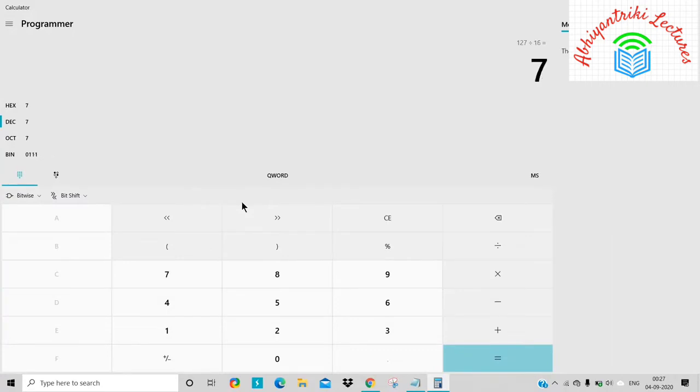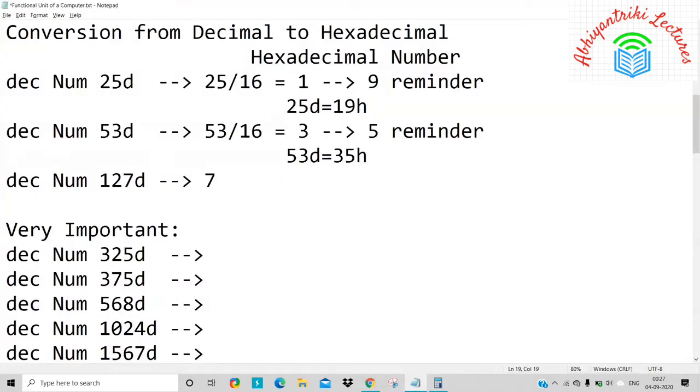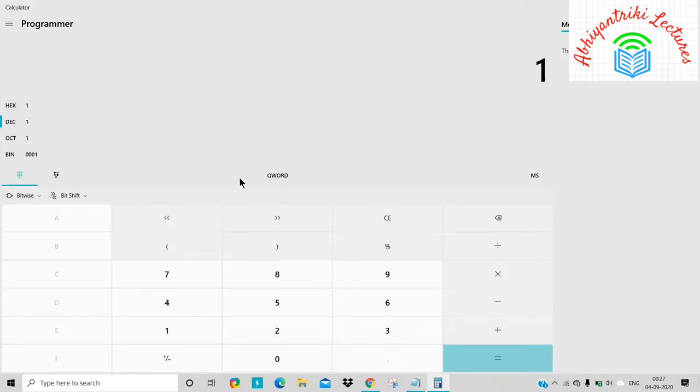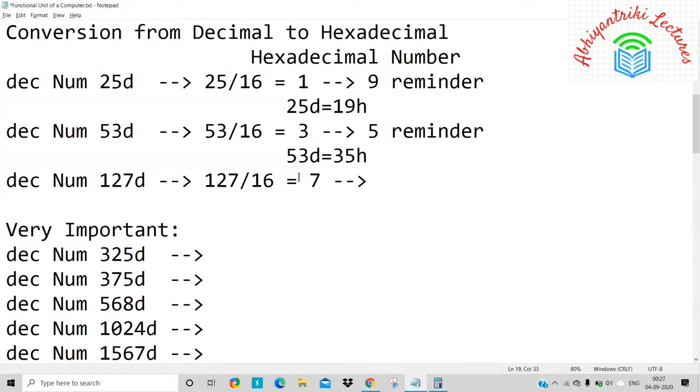So 7, what is the remainder? 127 divided by 16 is 7, and the remainder is: 16 into 7 is 112, then 113, 114, up to 127, so 15. 15 is the remainder, right?